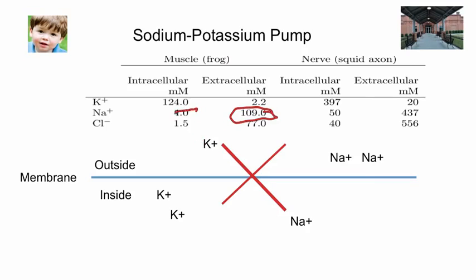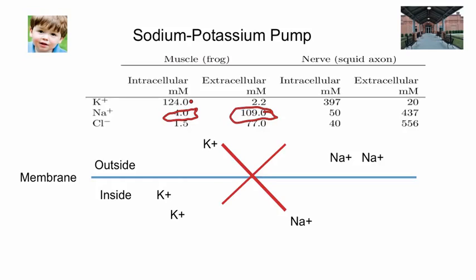These are just amazingly different values. It's not just a little bit off, it's hugely off. Not just 10%, but hundreds of percent. How does this happen? And the answer is little teeny tiny sodium-potassium pumps that are scattered all through the membrane.